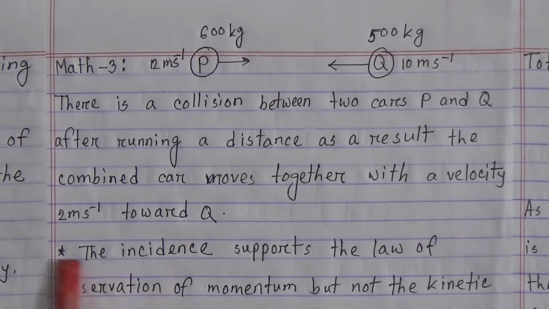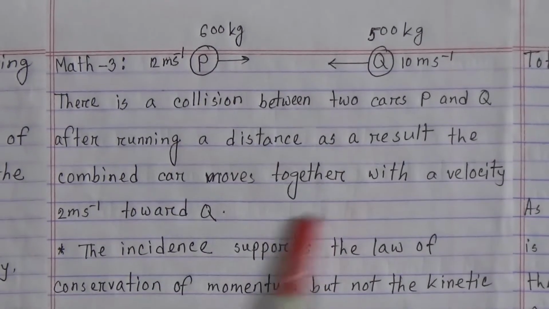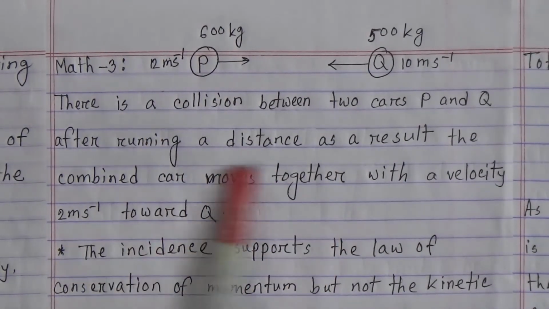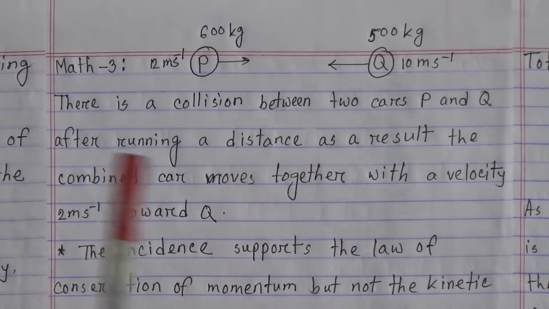Then the incident supports the law of conservation of momentum but not the kinetic energy. Explain with mathematical logic. My dear students, we have to show that this collision supports the law of conservation of momentum but not of kinetic energy.